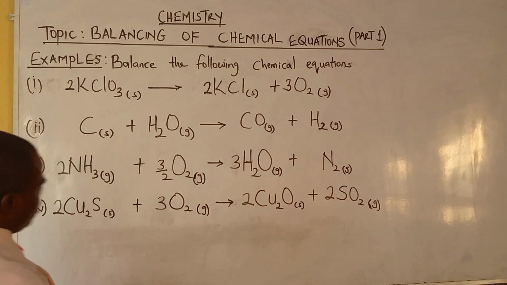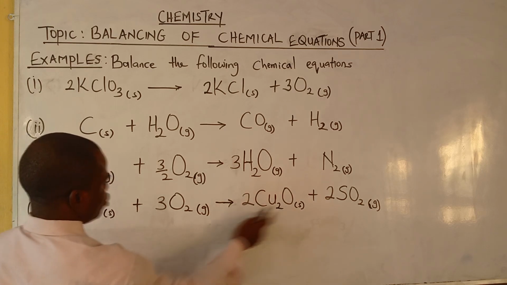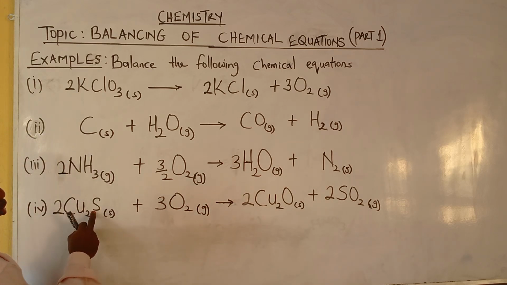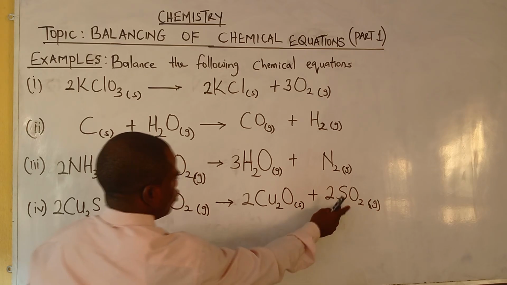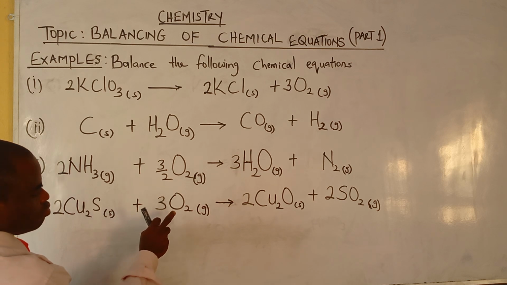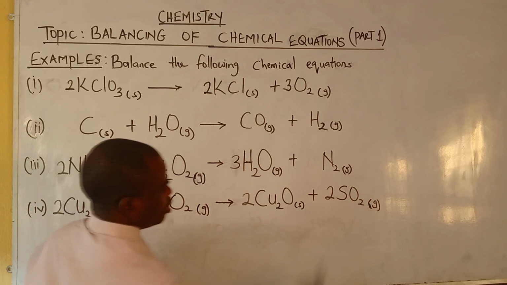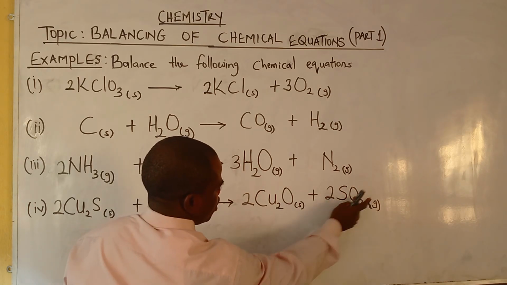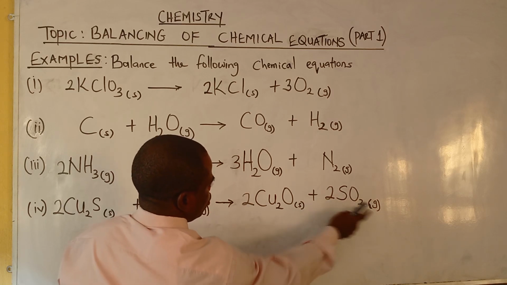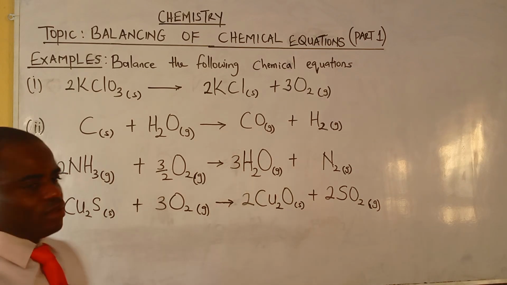Let's look at it again. 4 copper, 2 times 2, 4, 2 sulfur, 2 sulfur, 6 oxygen, 6 oxygen. It is 2 times 2. This 2 is affecting this oxygen likewise. 2 times 2, 4 plus 2, 6.